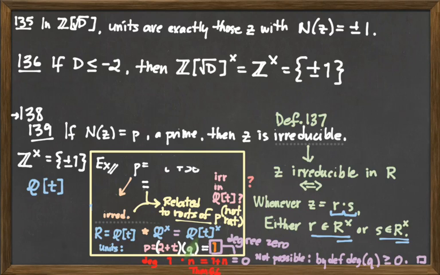Actually, let's look at an example right now on why that's not always enough to get us where we need to go. What about t to the fourth minus 25? There's a polynomial with rational coefficients. Is it irreducible? I'm going to claim that it's not irreducible.